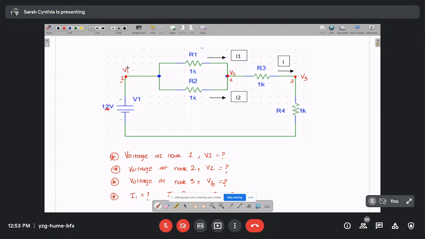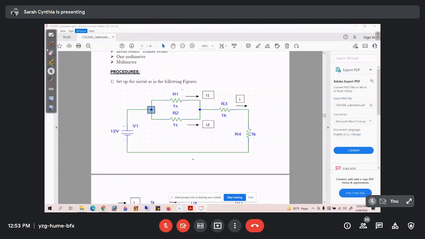Then we have to measure V2, the voltage of node 2, with a voltmeter. Then we have to measure V3, which is the node between R2, R3 and R4. By figuring out all these voltage values, we will easily be able to solve the currents. Did we all get what I said?